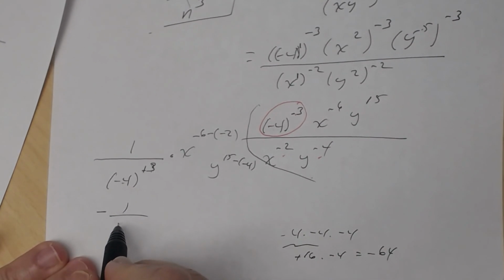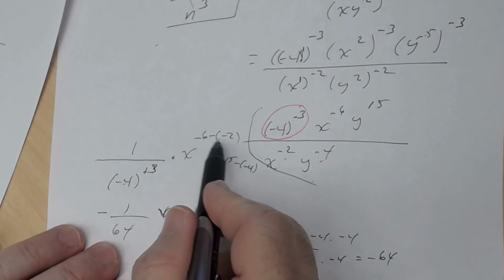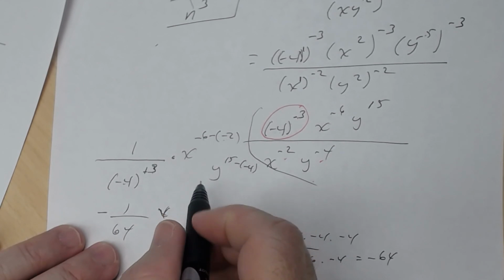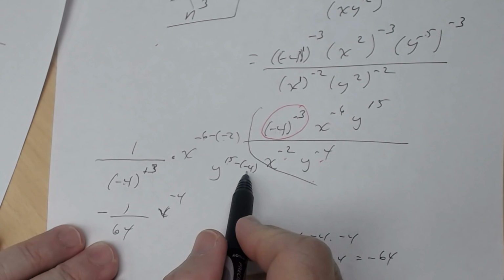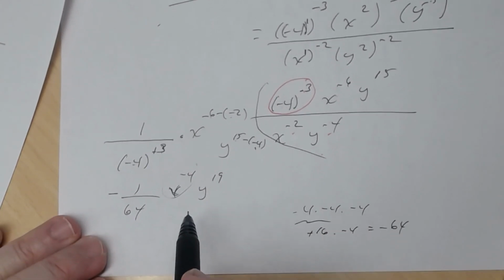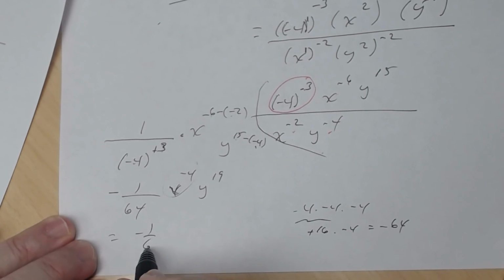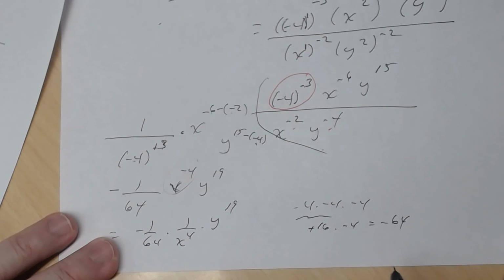So it becomes negative 1 over 64 times x to the negative 6 subtract negative 2, which is negative 6 plus 2, so that's negative 4. 15 subtract negative 4 is 15 plus 4, so that's 19. And again, this is a negative exponent, so you're going to write it as negative 1 over 64 times 1 over x to the 4th times y to the 19th.